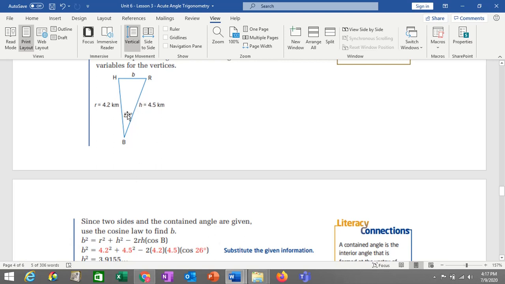What's always going to happen is you're going to get the opposite side squared, and that goes on the left, whether this is A, B, or C. All right, so you're going to have the side opposite the angle, and that side squared goes by itself on the left, equal to this squared plus this squared. And again, it doesn't matter what your letters are: A, B, C, doesn't matter.